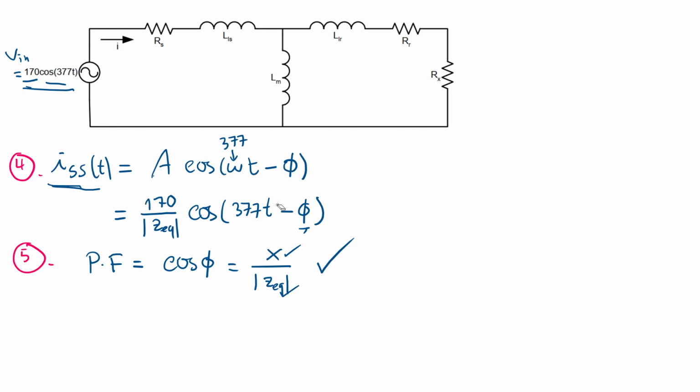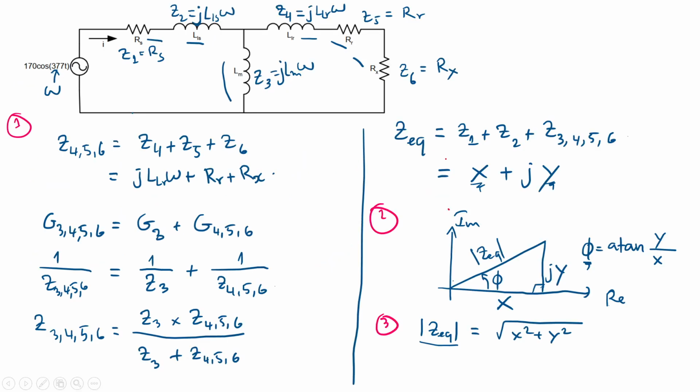This one is voltage, then the current has a phase shift because we have a storage element here. The amplitude can be defined by the amplitude of voltage divided by the amplitude of impedance. And the phase shift, phi, is just the arctangent of Y over X, because you look at this right triangle. Yeah, already defined here actually.